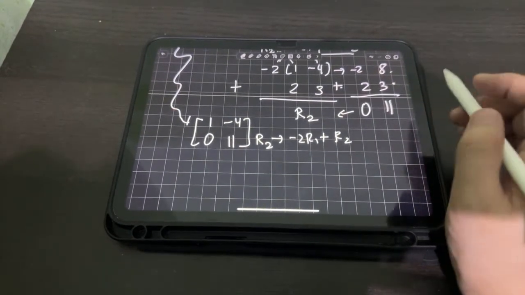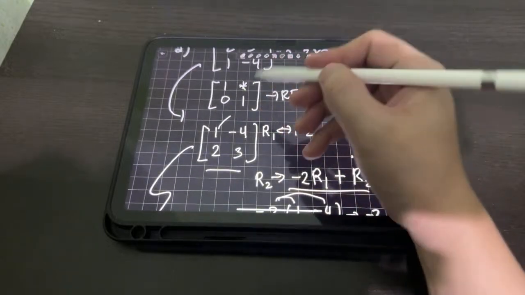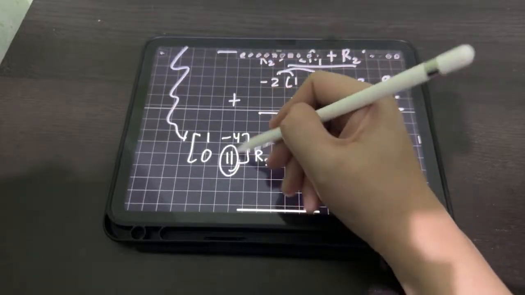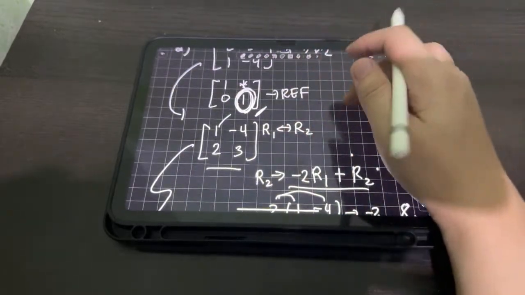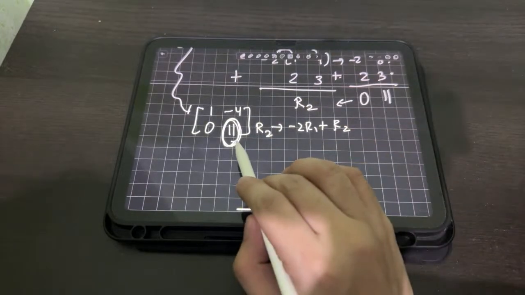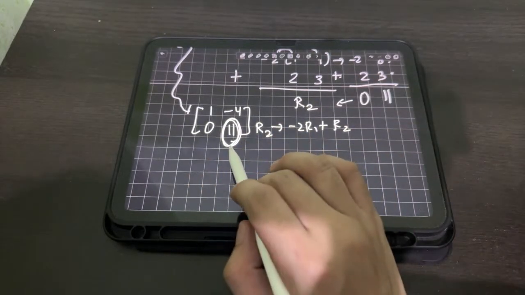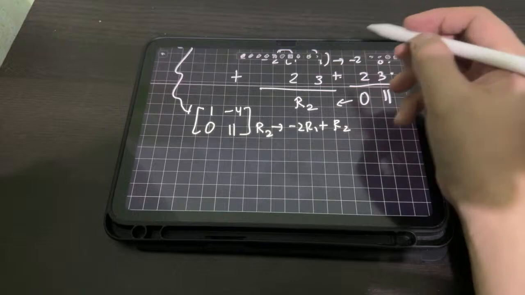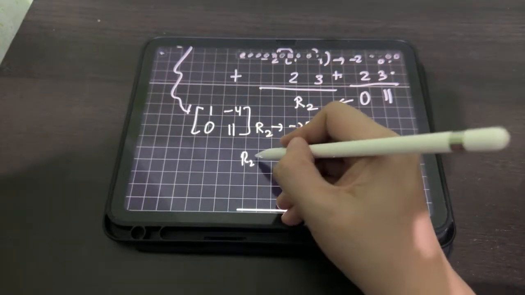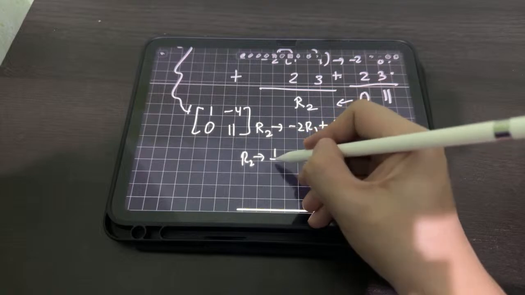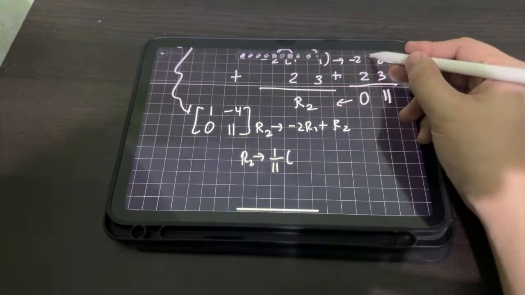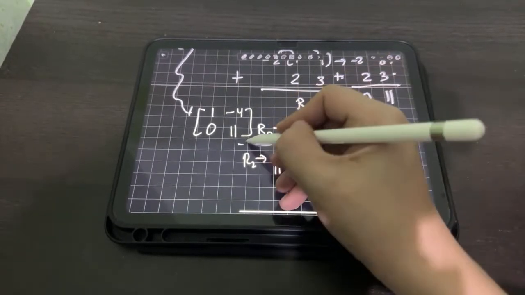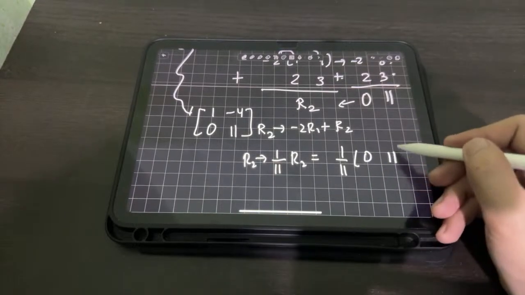Okay, last step. So we already have 1, 0. Next step is to make this entry equal to 1. So we can multiply row 2 by 1 over 11 to make this 11 become 1. So if we multiply all the entries in row 2 by 1 over 11, what we have is 1 over 11 times the entries in row 2, 0, 11.